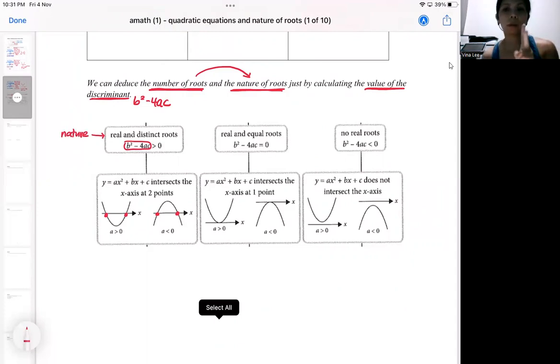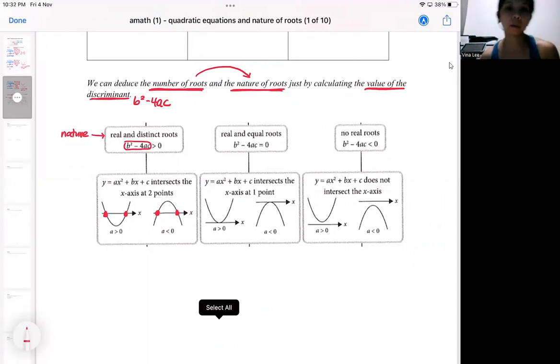The two roots can come from a smile graph, or from a sad face graph. It depends, but it doesn't matter. The two roots are sitting on the x-axis. So visually, the graph is going to intersect the x-axis at 2 points.